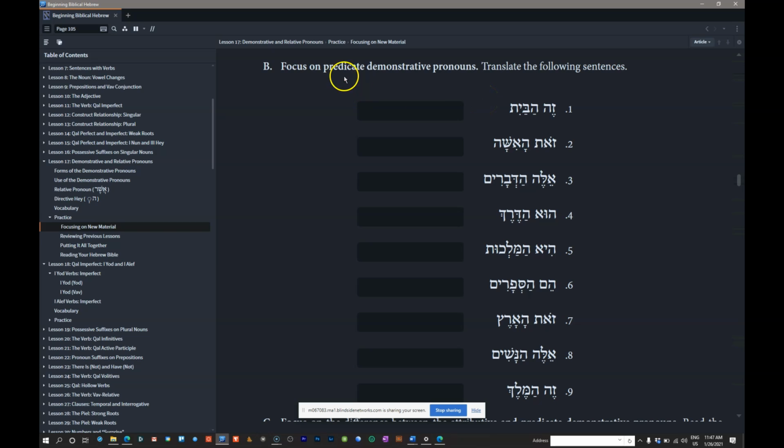Well, when we go to the predicate side, we usually have disagreement between the demonstrative and its noun, and the demonstrative will precede its noun in the predicative function.